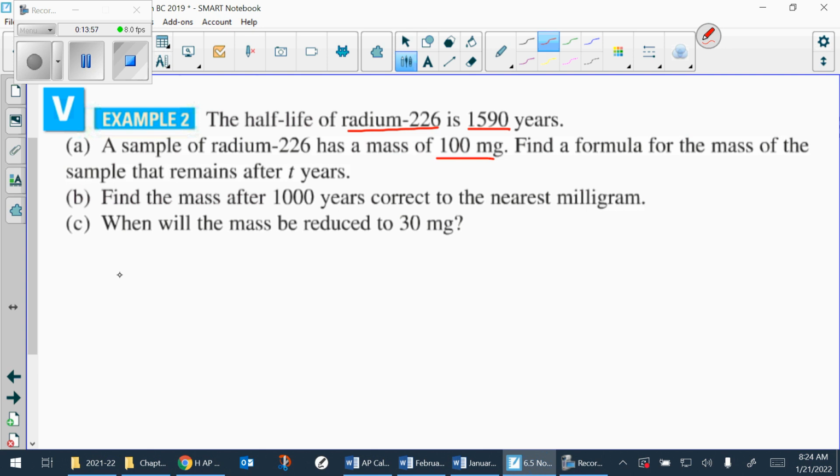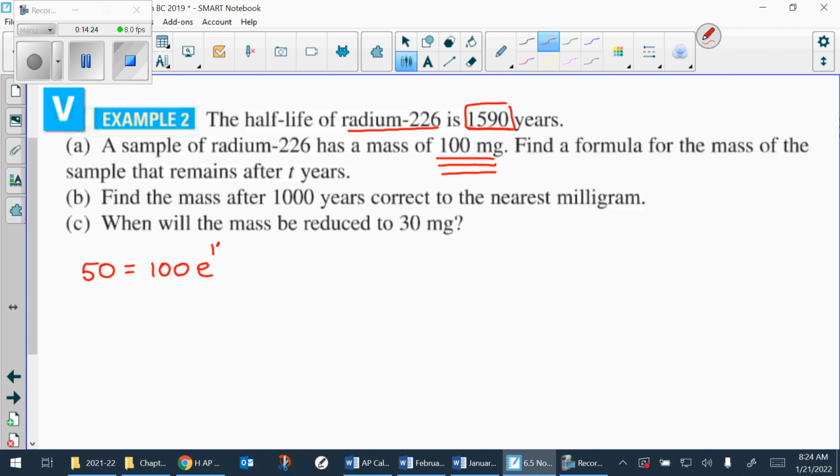So my future amount: one thing that I know is that after 1,590 years, my initial amount gets cut in half. So I've got 50 compared to my initial value of 100.